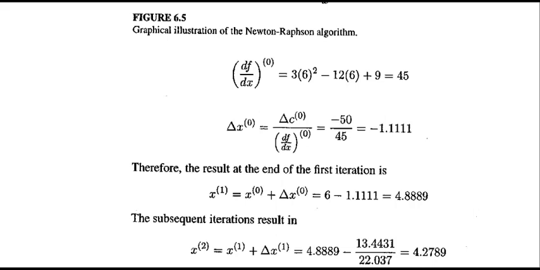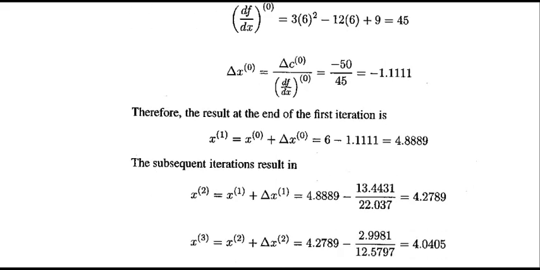My final answer is 4.0405, sir. I think you have got the correct result. Let's check. This is the result, right? Sir, I got 4.5. 4.0405 will be the correct result. So I think there is a small mistake, probably in your del C. Check and see, then you will get it.